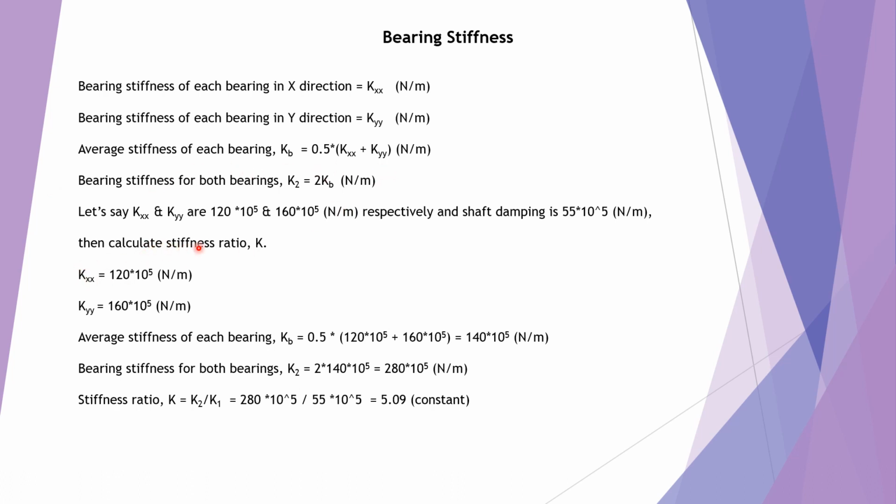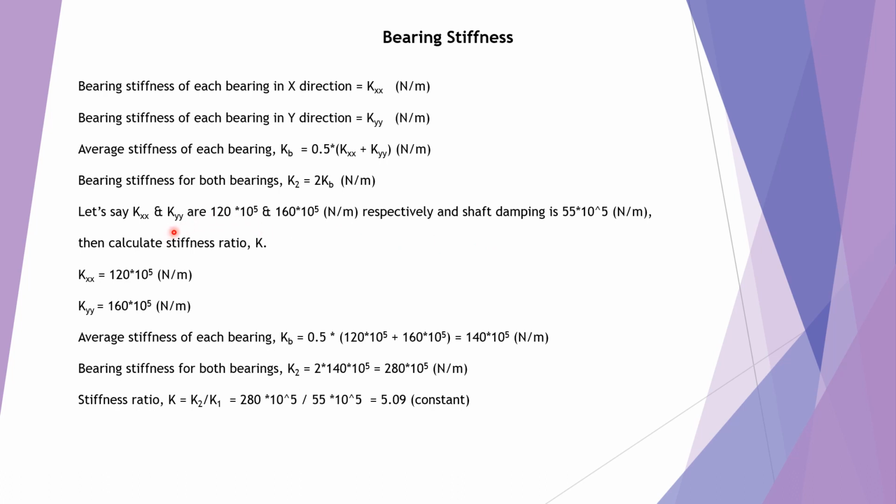So let's say kxx and kyy are 120 times 10 power 5 and 160 times 10 power 5 Newton per meter respectively. In fact, this is not shaft damping.